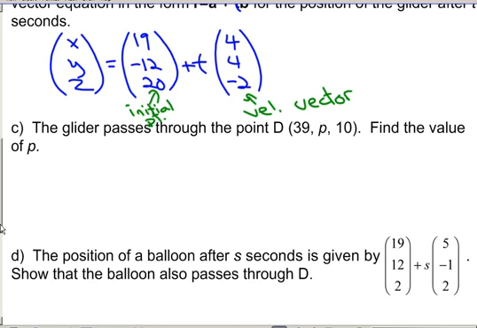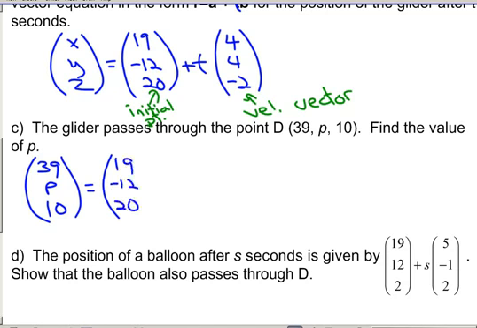The glider passes through this point D, 39, p, and 10. Find the value of p. So we know that after a certain amount of time, he ends up at this point, 39, p, and 10. And his position is given by the equation that we just found.